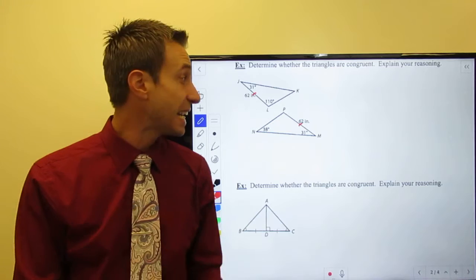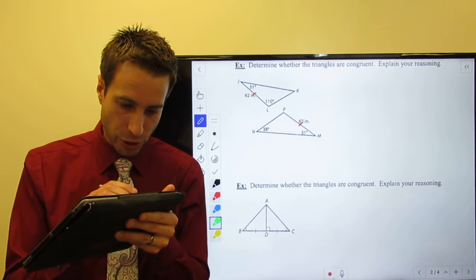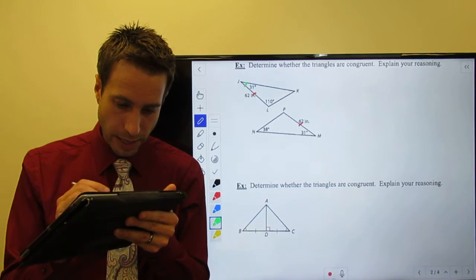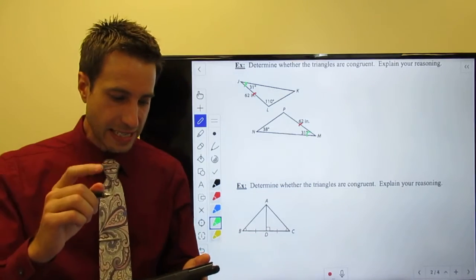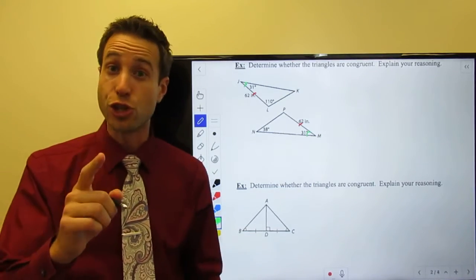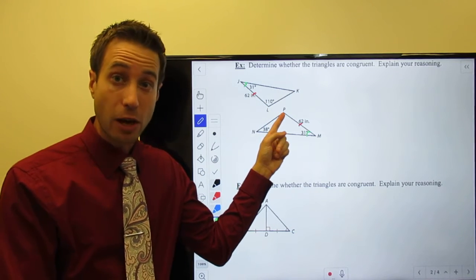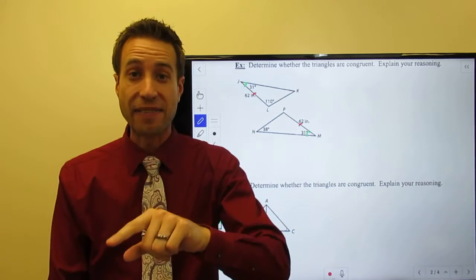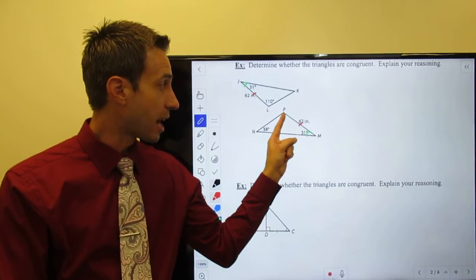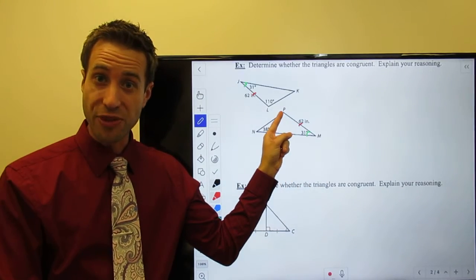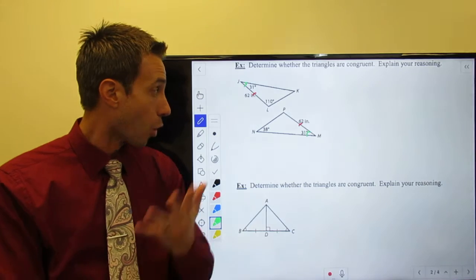In fact, let me put that in there, angle J and angle M. So here's what I need to do. All I need to do is show, if I can show that angle L and angle P are congruent, then I have angle, side, angle, right? And I can use that theorem to show that these triangles are congruent. Okay, well, let's do it.